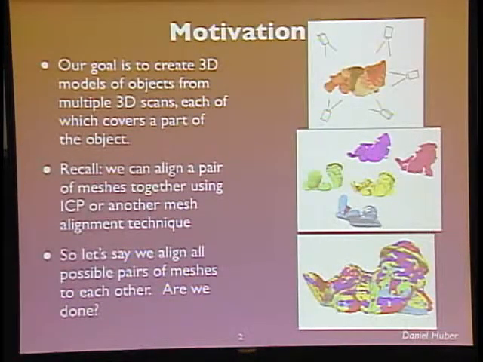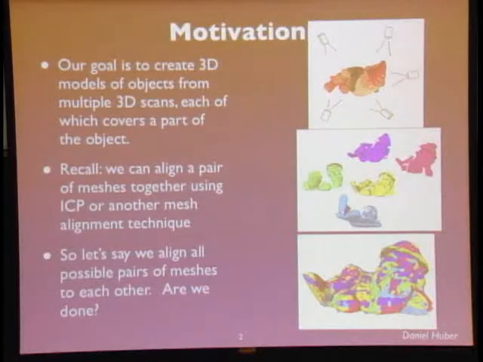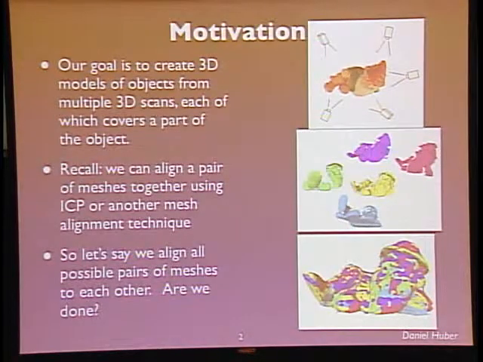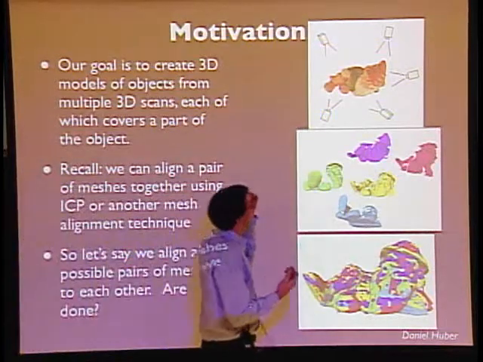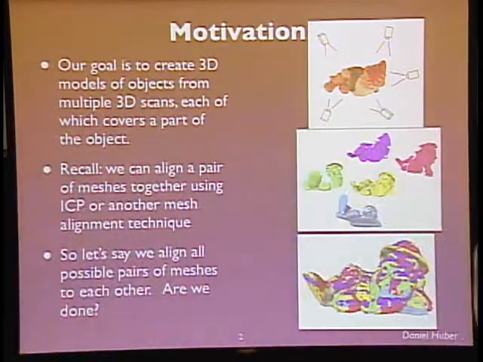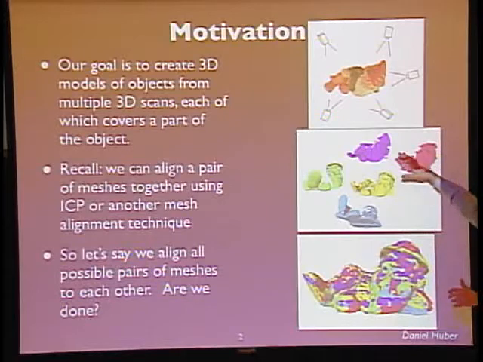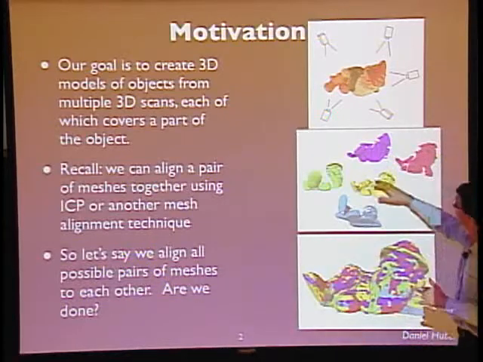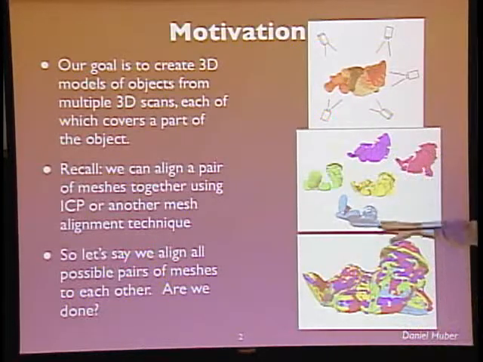Now, just as a reminder, our goal for this lecture anyway, is going to be to create 3D models of objects from multiple 3D scans. So if you have an object like that gnome, you can imagine having one of your laser rangefinders that uses time of flight or triangulation and taking multiple shots of it from multiple viewpoints and getting 3D scans that look like so.